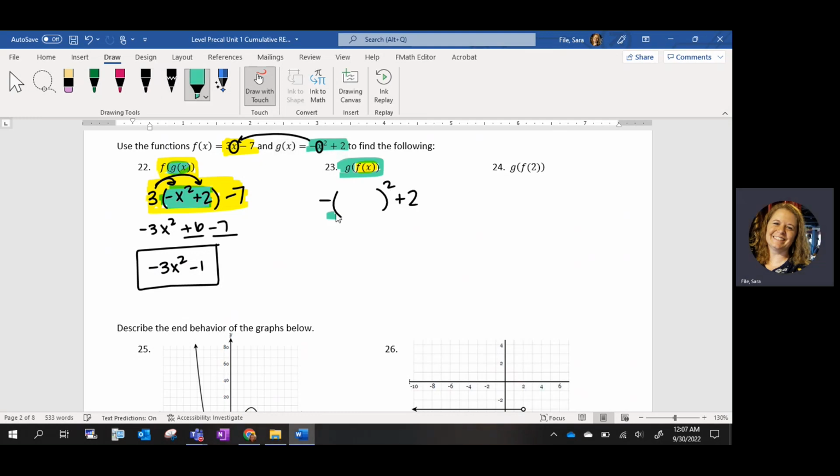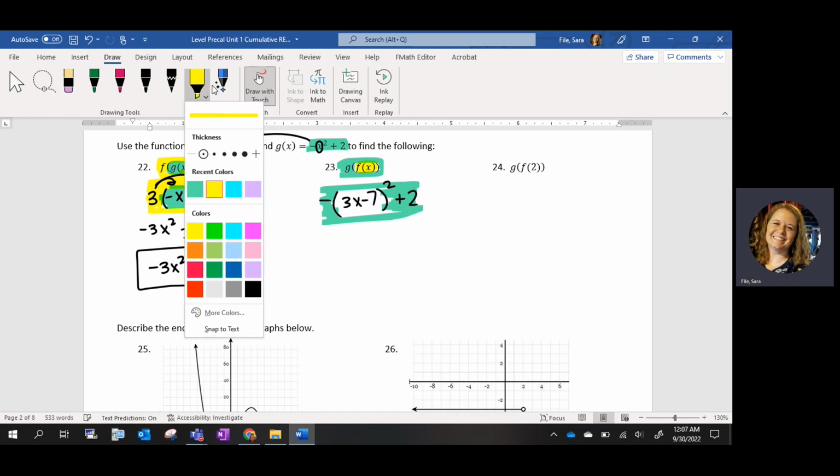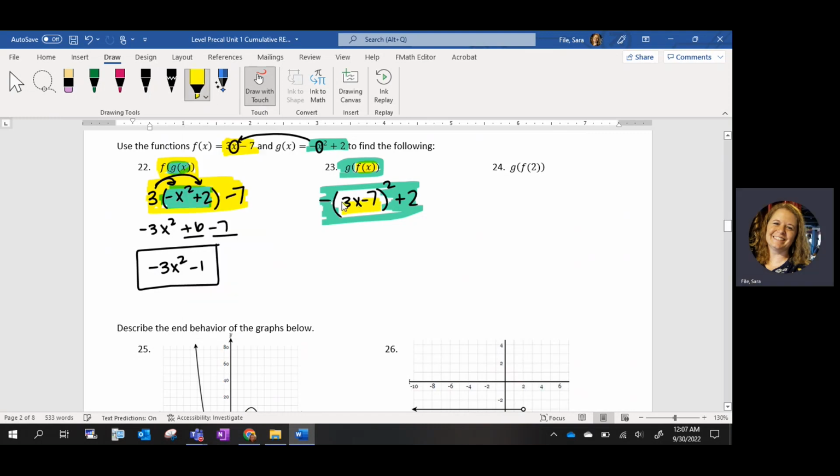That's the g. And then on the inside, I'm going to plug in 3x minus 7. So that is the f function on the inside.